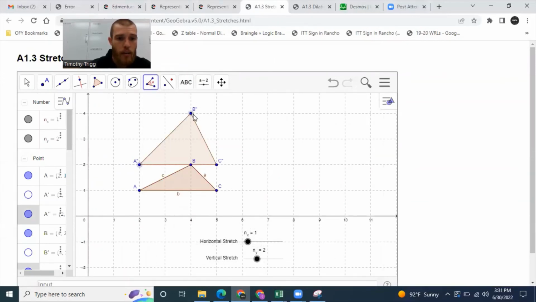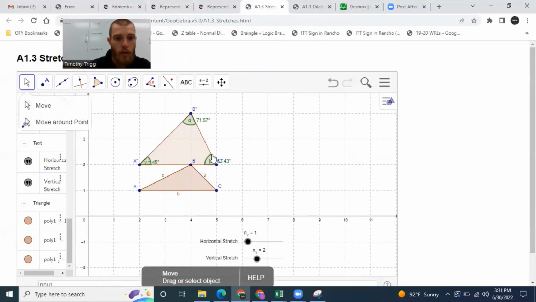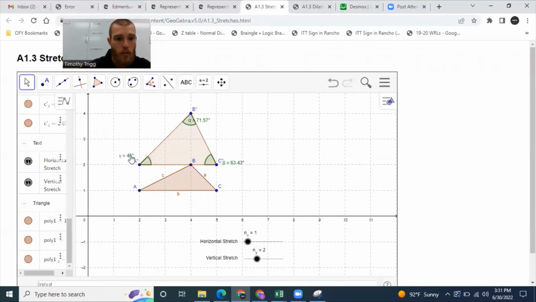We're going to click, click, click, to get B prime, click, click, click. For C prime, click, click, click. Okay, let's move these. Very nice. Great. And let's also do the same for our pre-image. Click, click, click.